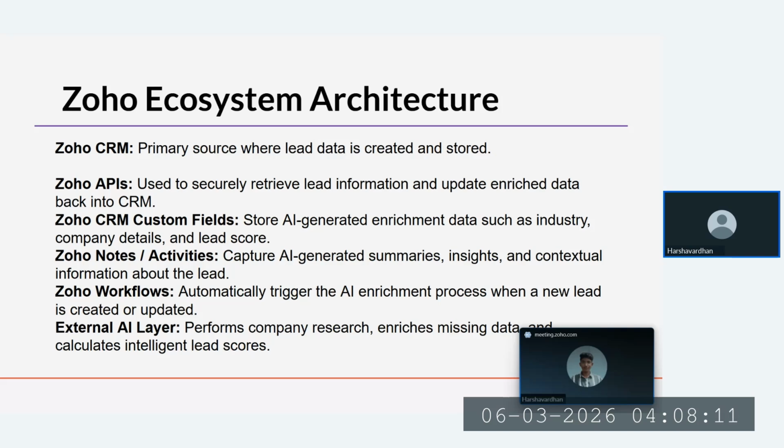this process will happen. The other approach we also use is that we have also integrated Zoho Sheets into it, as I'm mentioning here. So this is a different way of triggering the lead enrichment system.